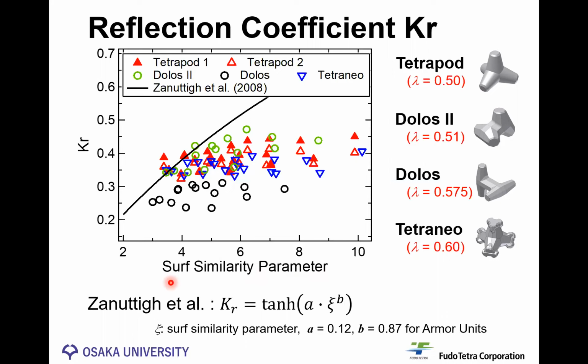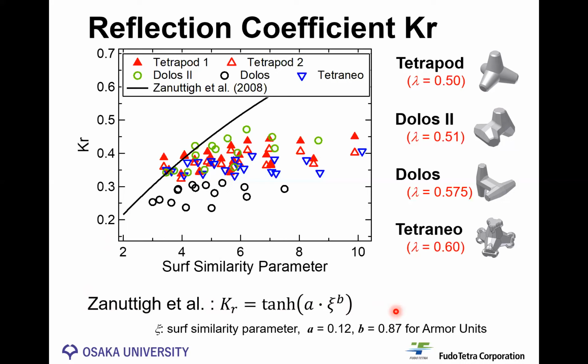In the figure, red, green, black, and blue show the reflection coefficients for Tetrapod, Dolos 2, Dolos, and Tetraneo, respectively. The black solid line, this line, shows the reflection coefficient estimated by the equation proposed by Dr. Zanuttigh and Dr. van der Meer for reference, shown here.